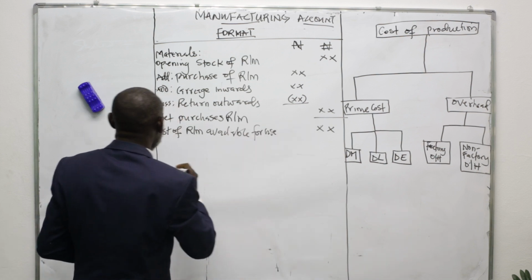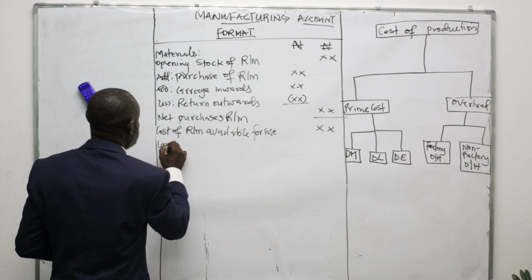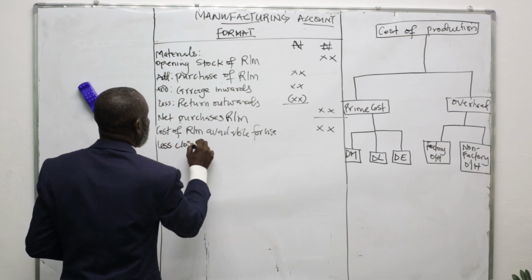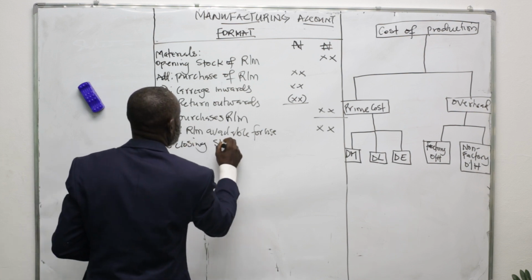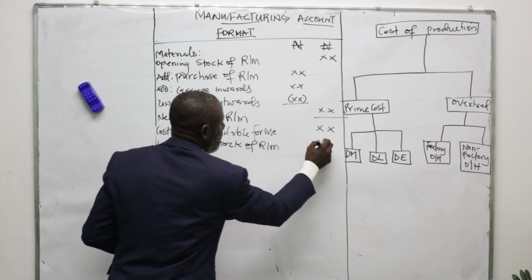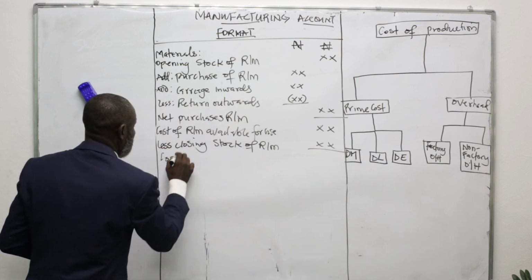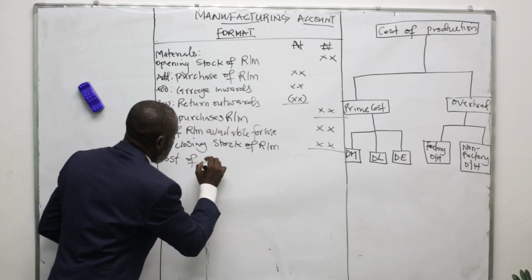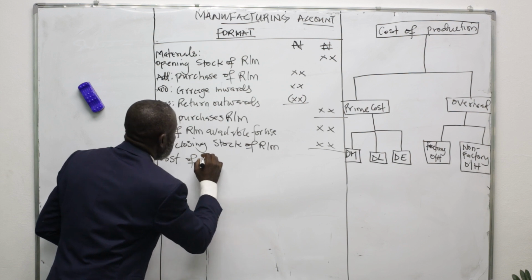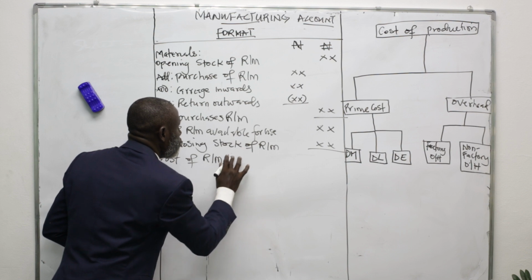So at this stage, you're going to less closing stock of raw material, which will give you cost of raw material used.